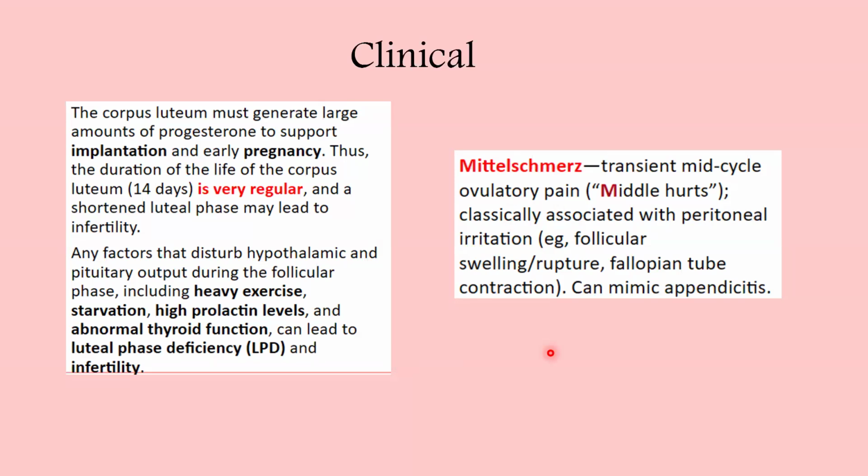Sometimes they're both. You never know. It's a surprise, really. Some people feel it, some people don't. It's kind of normal. And it's called ovulatory pain because it causes peritoneal irritation. Something else that causes peritoneal irritation is appendicitis, so it kind of mimics appendicitis pain.